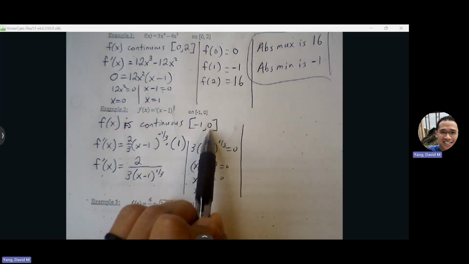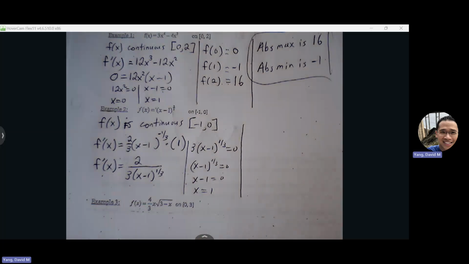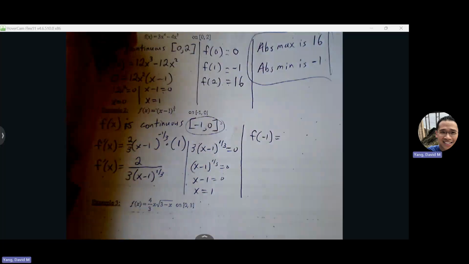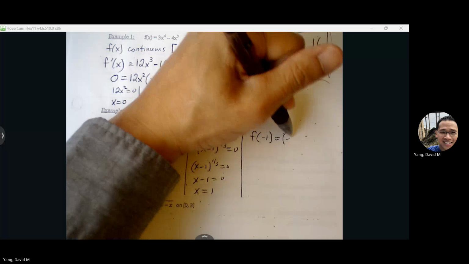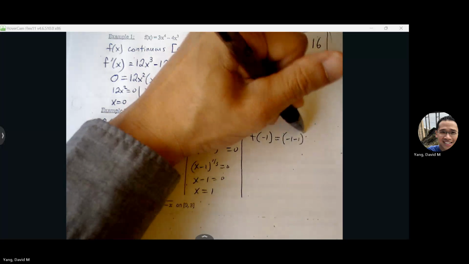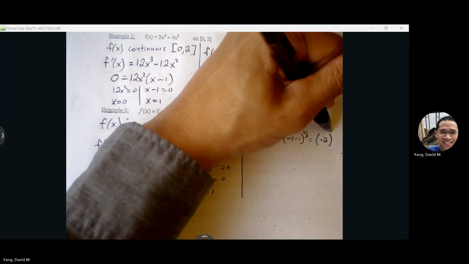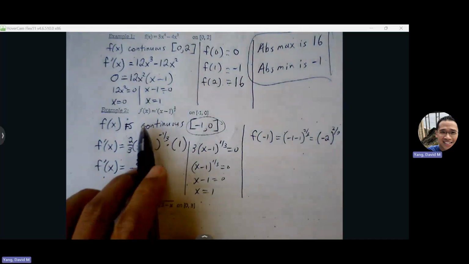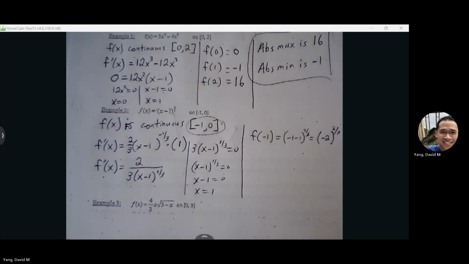It's just that now you only have 2 endpoints to worry about, 2 points to worry about to find the max and mins. So they go back into the original function, and we're just going to compare the y values. Oops, sorry, -1. I did this wrong.